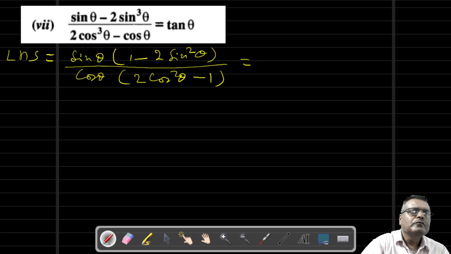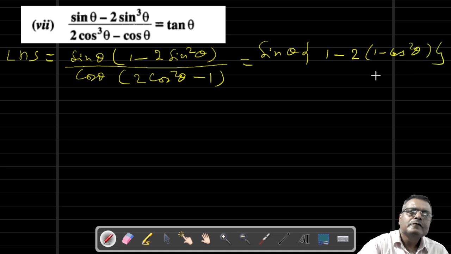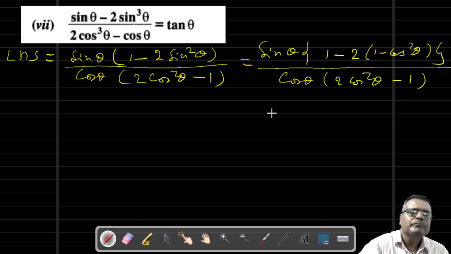So sin theta into 1 minus 2 sin square theta; for sin square theta, you can write 1 minus cos square theta. This divided by cos theta into 2 cos square theta minus 1.